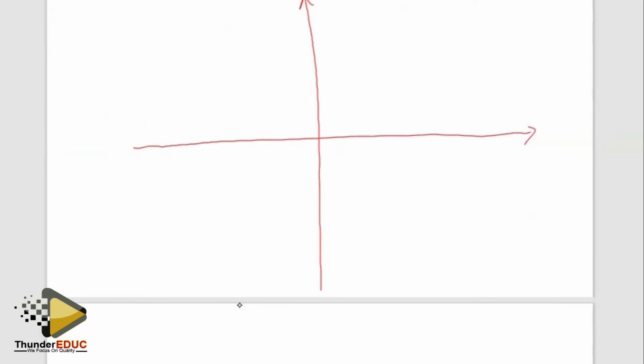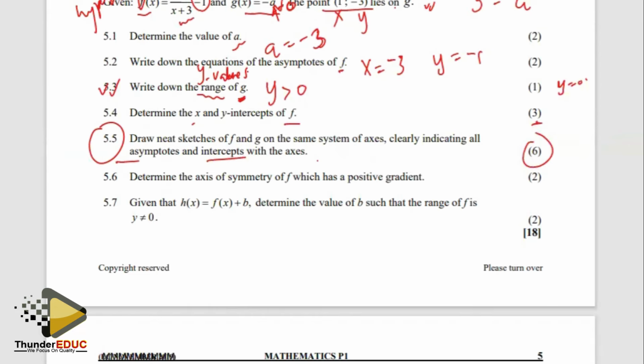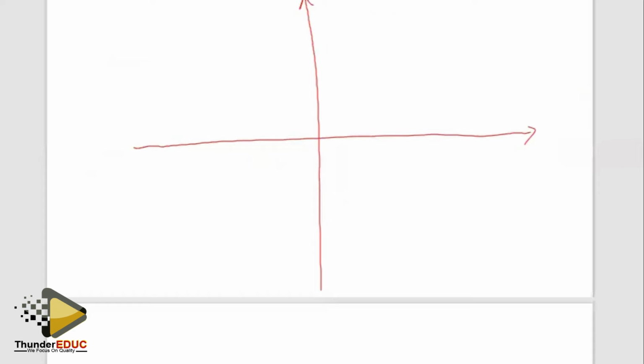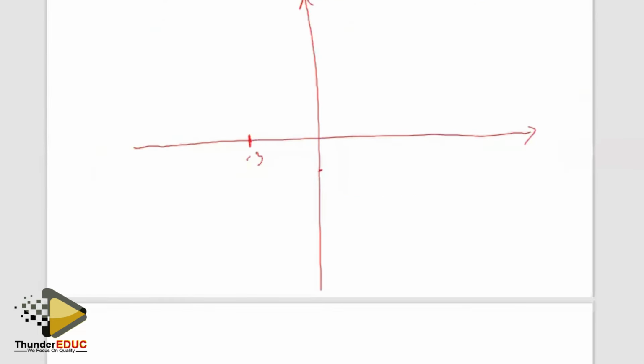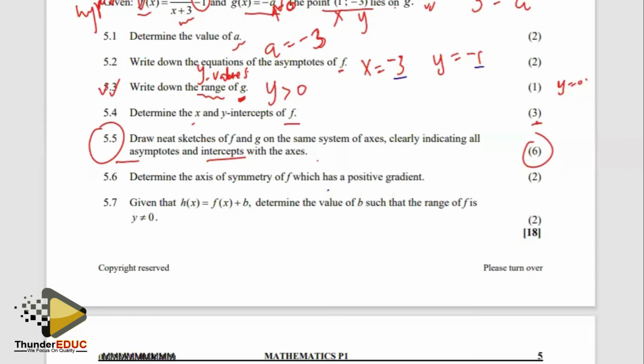Step number 1, if I'm to sketch this hyperbola, the first thing I should look out for will be the asymptotes. So we said x is negative 3. Along the negative 3, maybe if this is my negative 3, then we said y must be negative 1, which can be slightly there. So draw those asymptotes.